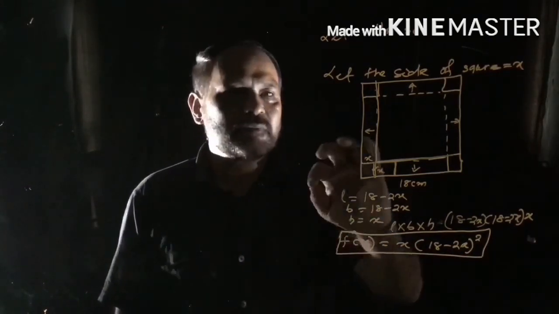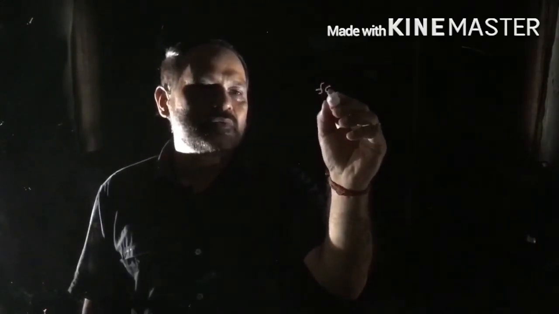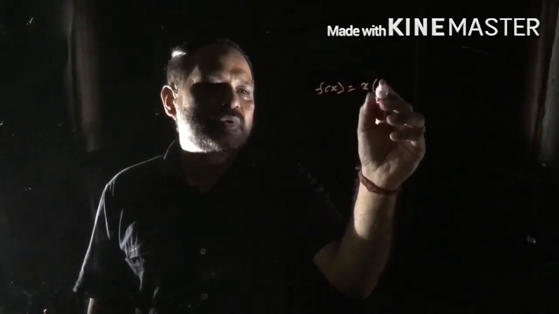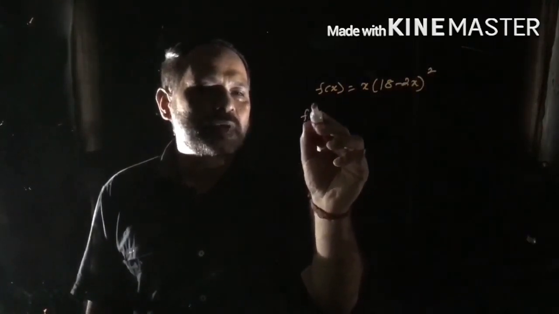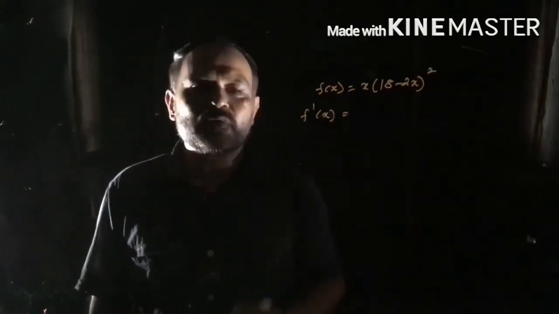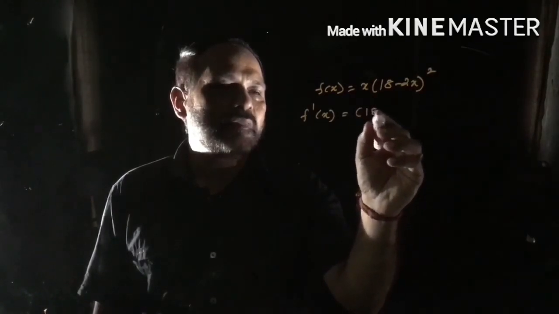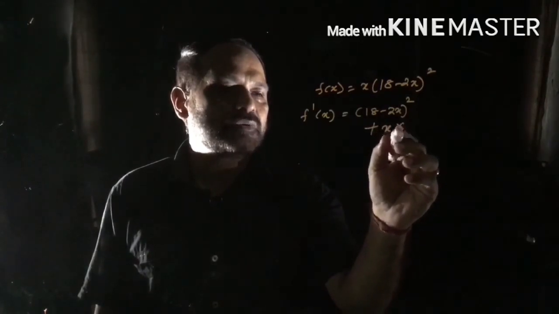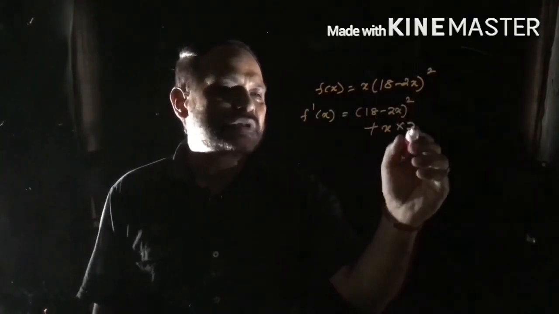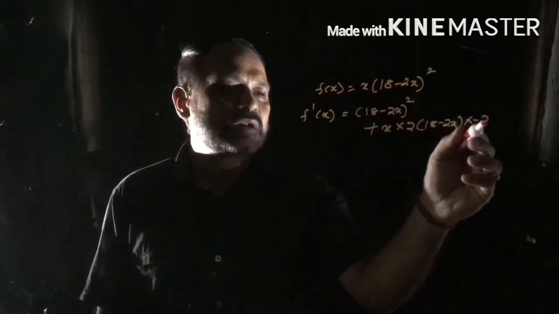Now come to the procedure. First find out the value of f dash x. Here f of x is equal to x into (18 minus 2x) whole square. What is the value of f dash x? This is equal to (18 minus 2x) whole square plus x into the derivative of (18 minus 2x) whole square, which is 2 into (18 minus 2x) into minus 2.